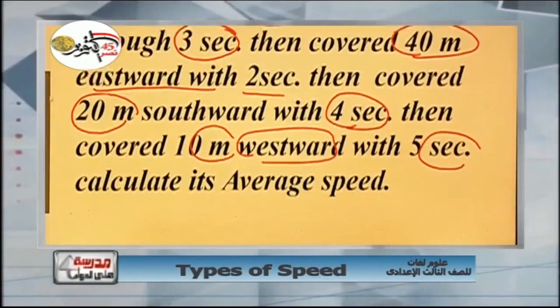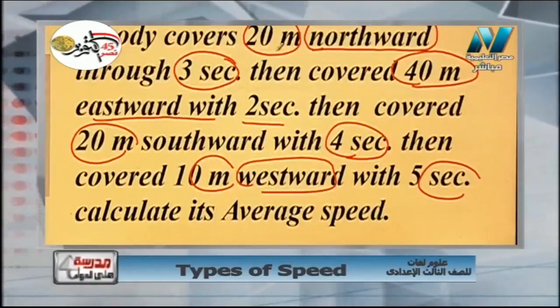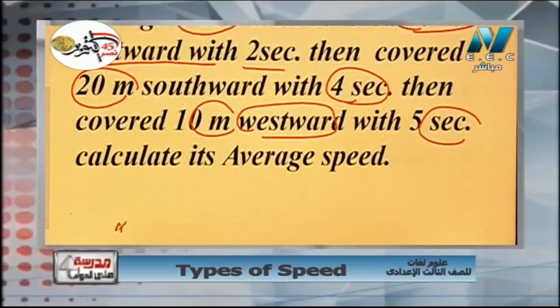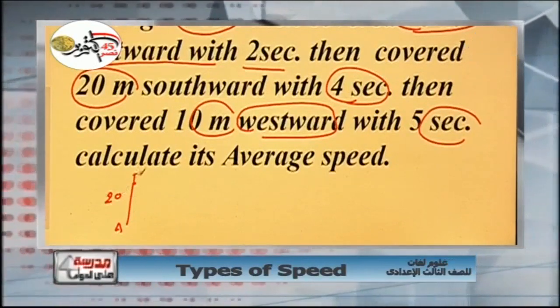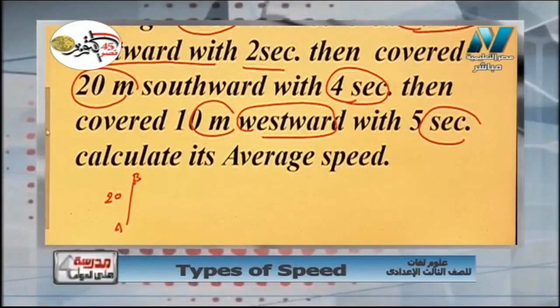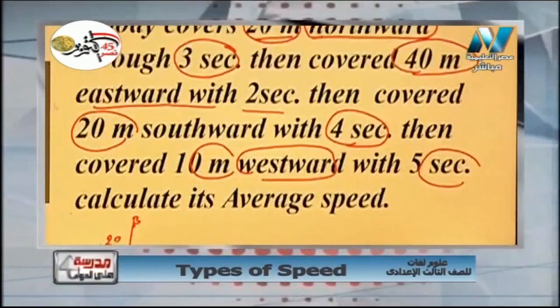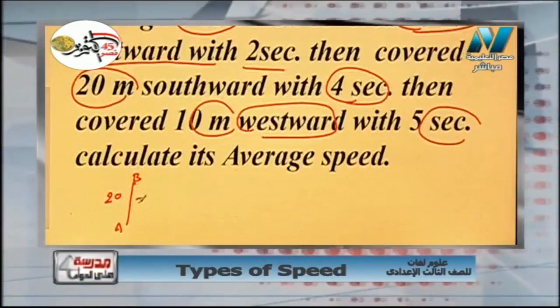How can we calculate the average speed? The body covers 20 meters northward, so it moves like this, 20 meters northward, as we say, in how many? In 3 seconds.